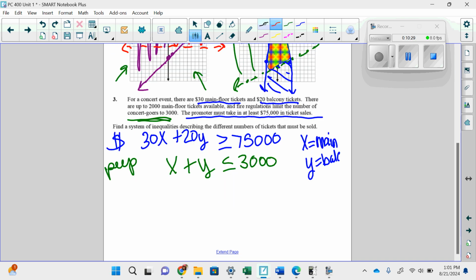We were also told that there are up to 2,000 main floor tickets available. So that means that x has to be less than or equal to 2,000 because we only have 2,000 available. So that is our system of inequalities. Now, when we get into linear programming in a second here, these are going to be known as constraints.